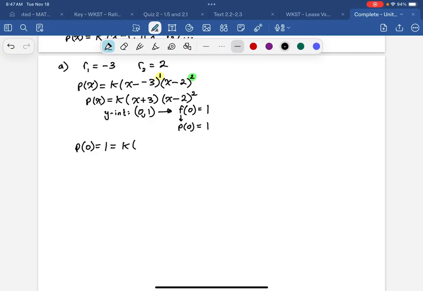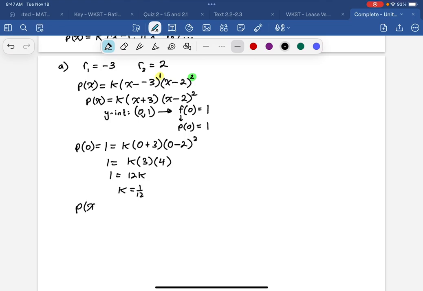So k times (0 plus 3) times (0 minus 2) squared is going to give you 1, equal to k times 3 times... negative 2 squared is 4, so 12, jumping the gun there. 4 times 3 will give you 12, so 12k is equal to 1, making k equal to 1/12.